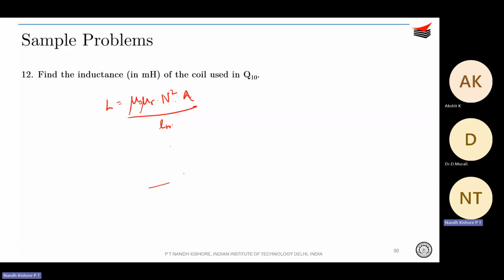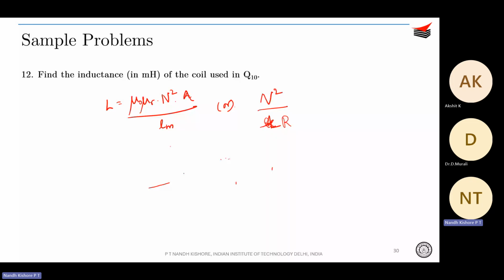Or, we also used the relationship previously, that is N square divided by permeance. Sorry, N square by reluctance. So this is your L.